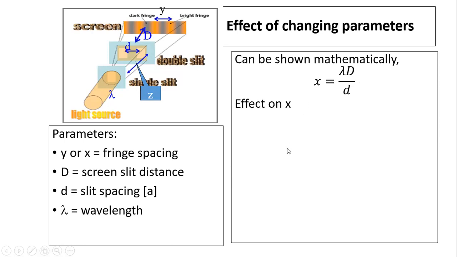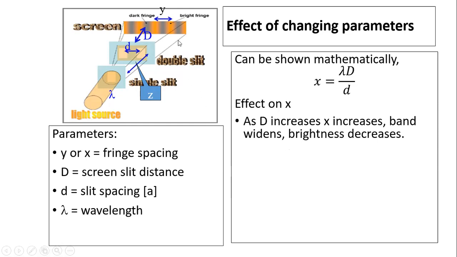Effect on X. If we increase D, then X will increase. But if D increases, the brightness will decrease because intensity depends on distance. As small d increases, that one increases, this one decreases.